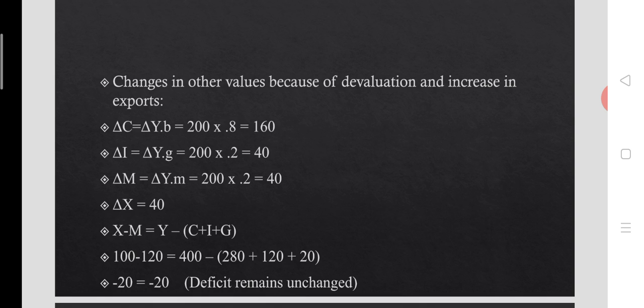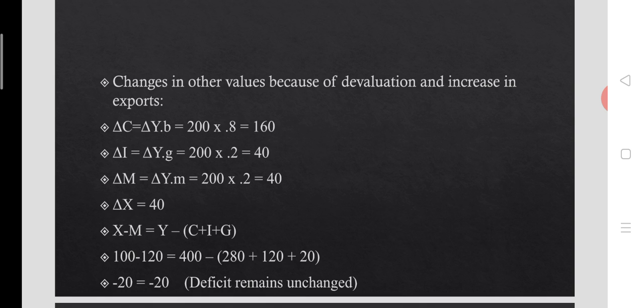The total import was previously 80, increased by 40, so 120 is the new total import. Total export was just 60 and after devaluation it has increased by 40 million US dollar, so now it is 100. Then 60 becomes 100 and 80 becomes 120. So 100 minus 120 is equal to minus 20.